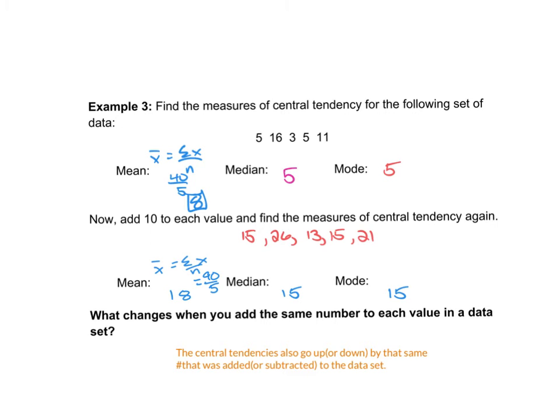So what happens there is if every number went up by 10, the central tendency also went up by 10. And this goes up or down by that same number that you add or subtract to all of the data set. Okay? All right, let's take a look at the next one.